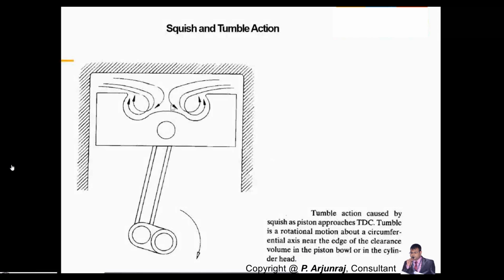You get a radially inward motion of the gas mixture. It comes in a radial direction, and with this radially inward motion of the gas mixture, you call this a squeeze. It also adds to another mass between the cylinder to mix air and fuel.